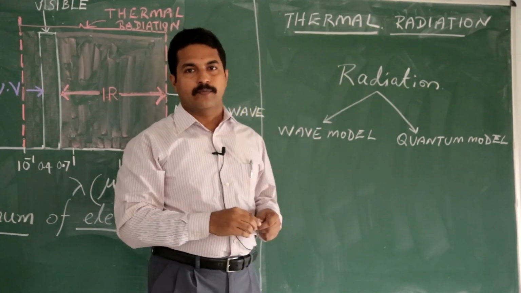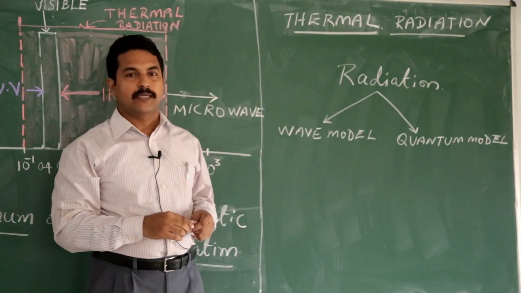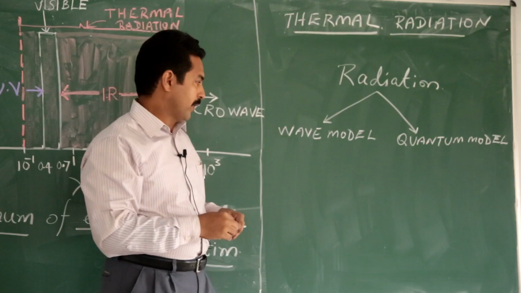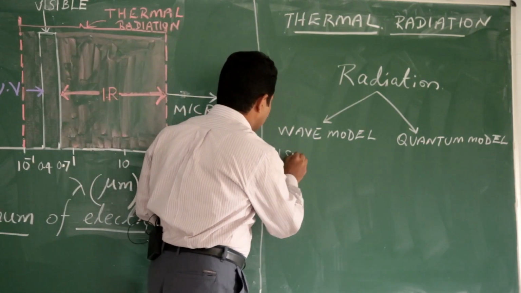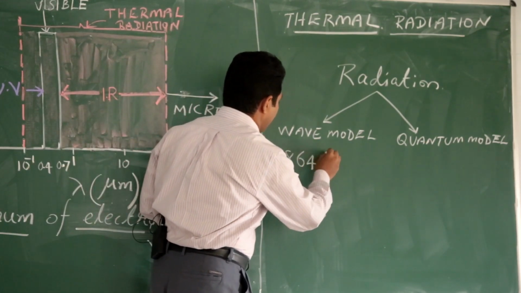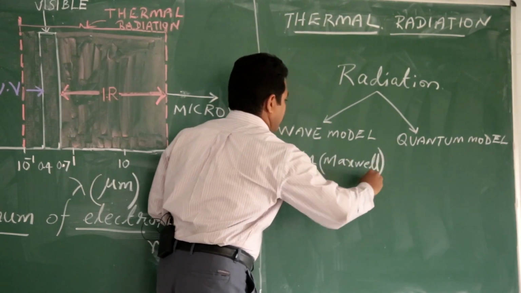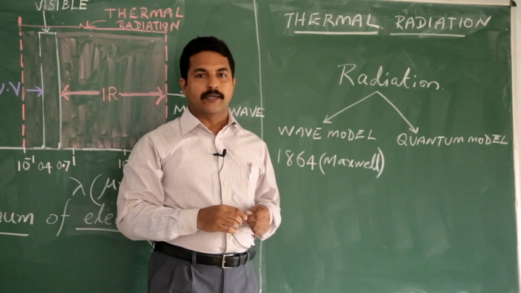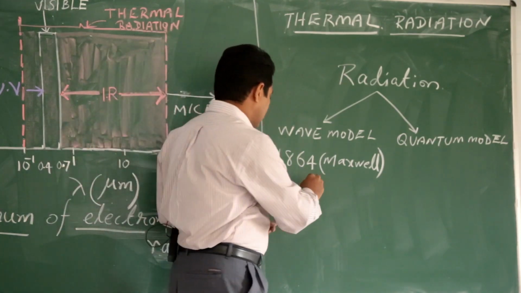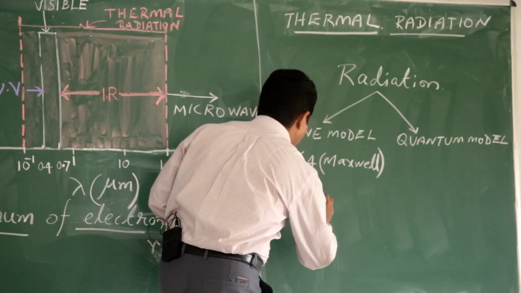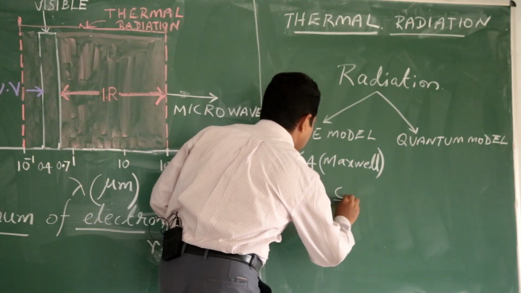The wave model was proposed by James Clerk Maxwell in 1864. Maxwell is famous for his electromagnetic wave theory. Here we can say that wavelength is equal to c by nu.